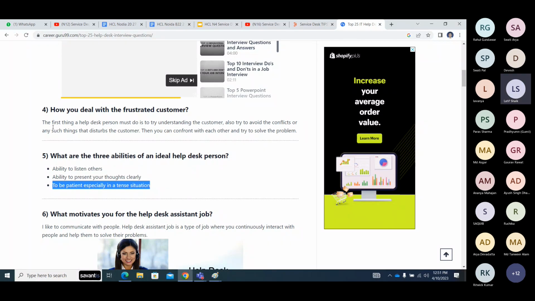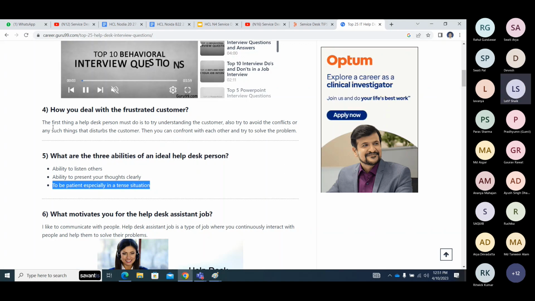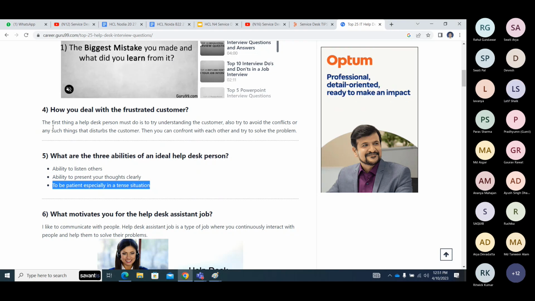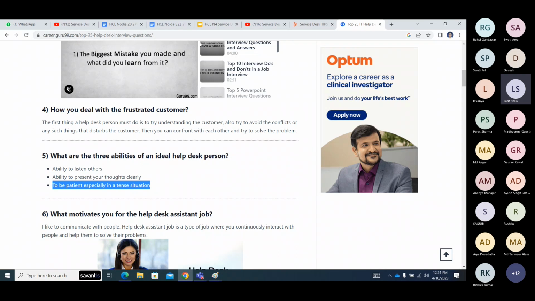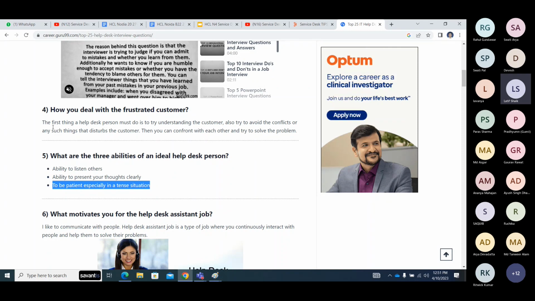Not only that, the person also gives additional information. So you have to listen carefully, understand the situation he's facing, and ask proper questions.